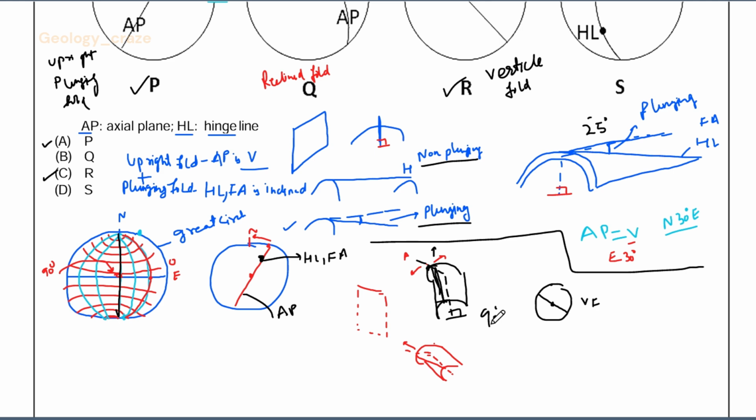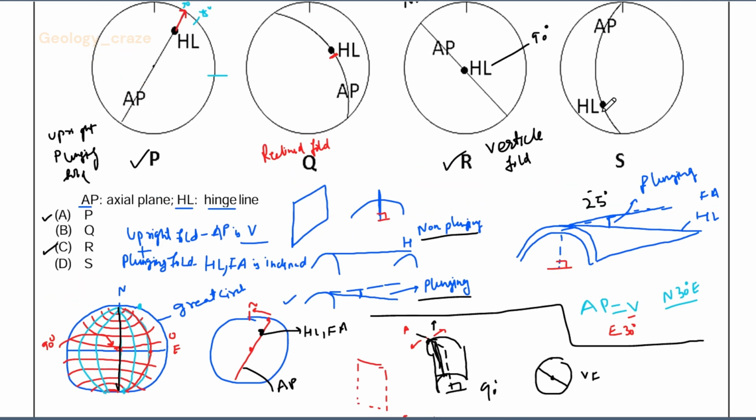So we get our perfect reclined fold in that case. If you are unable to visualize it, because it is difficult to make a reclined fold here, I will prepare a 3D model separately if you need that, and I will explain it there. So now this is our reclined fold.